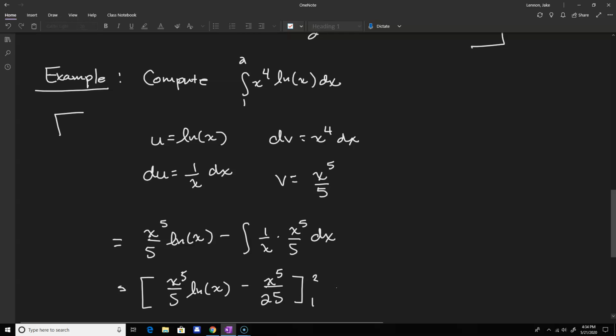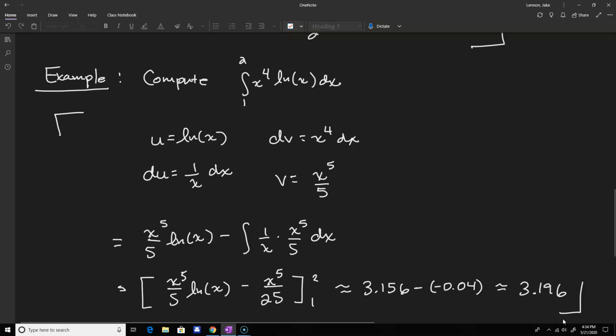So again, this is basically 3.156, plugging in the 2, and then minus negative 0.04, plugging that in, and that comes out to about 3.196. So that's the answer for the second one.